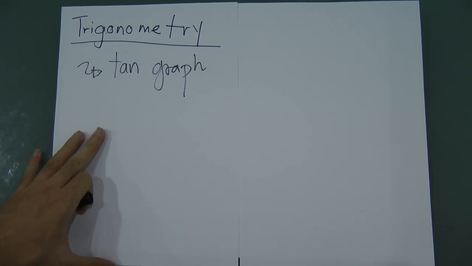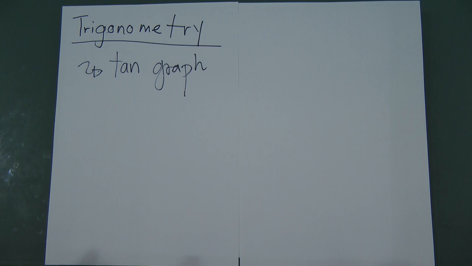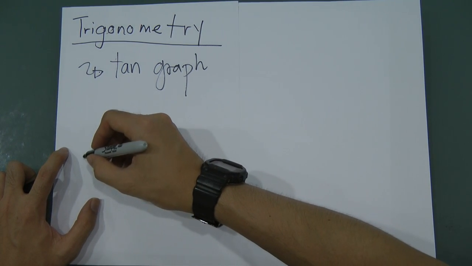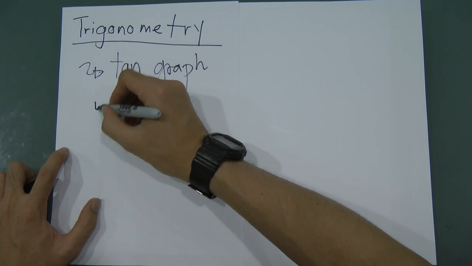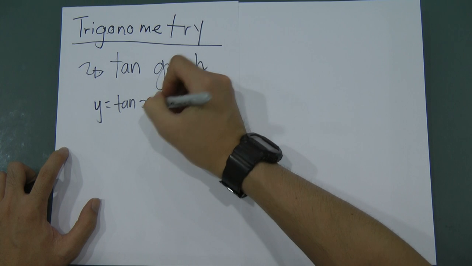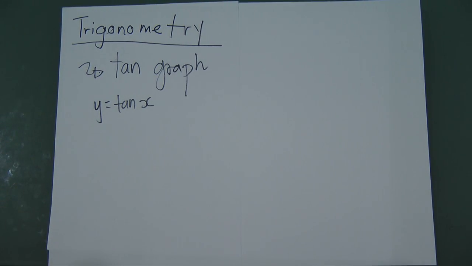For the tangent graph you have to understand two lines, which are very important. Now I draw y equals tangent x, the very basic one. Let me take my marker pen.